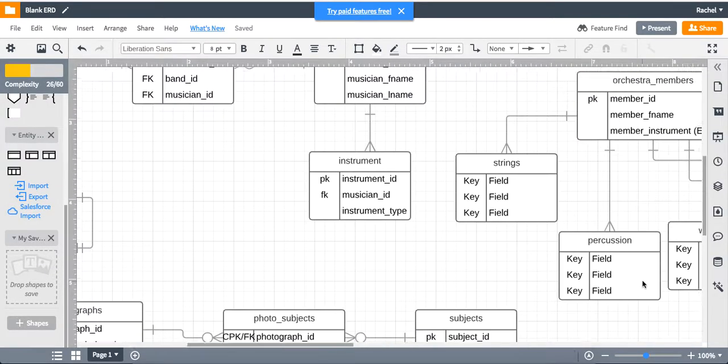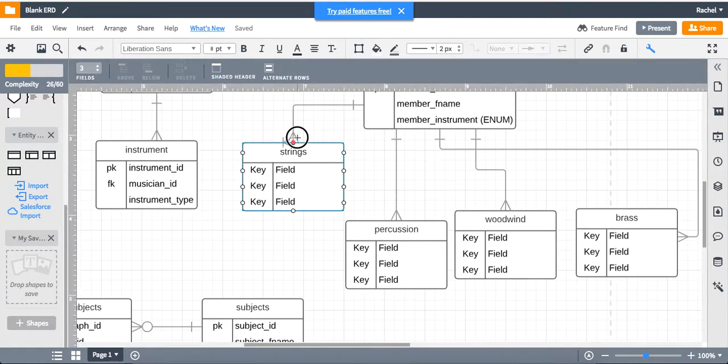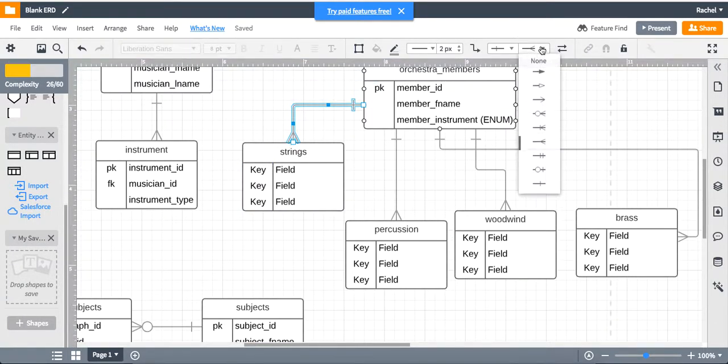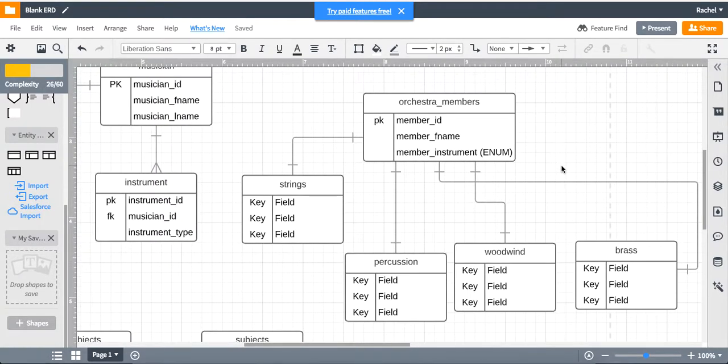So if you go over to orchestra members, actually here, I made this really quick. So we're going to make this one and only one, because that is the relationship that is depicted here. I treated this as a series of subset tables with enum, which is telling us, hey, we can assign one and only one of these.